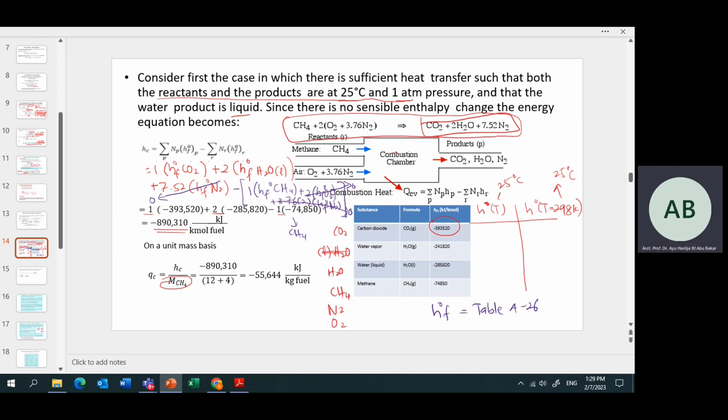If the question asks for the mass basis, divide the heat of combustion in kilojoules per kmol by the molecular weight of the fuel. Then you will get kilojoule per kg.